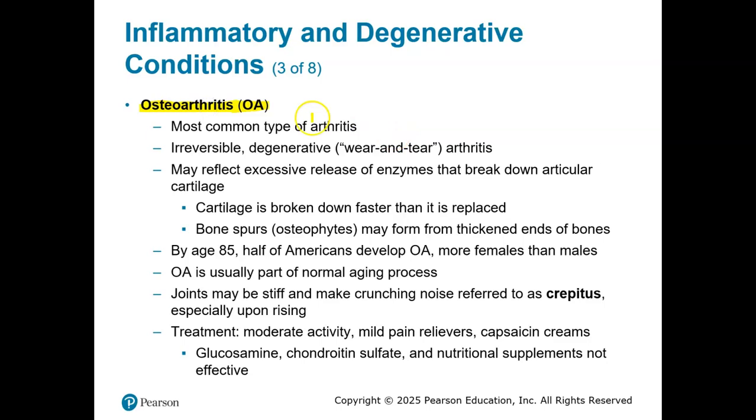Of course, most arthritis you're going to see more in people as they get older, because the older they are, the more wear and tear that they've had.